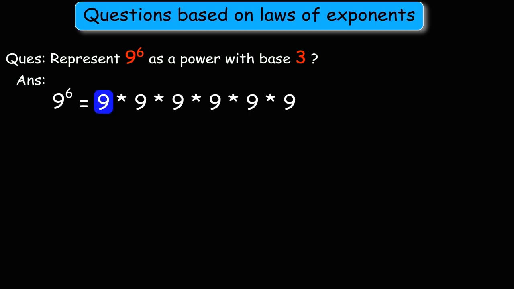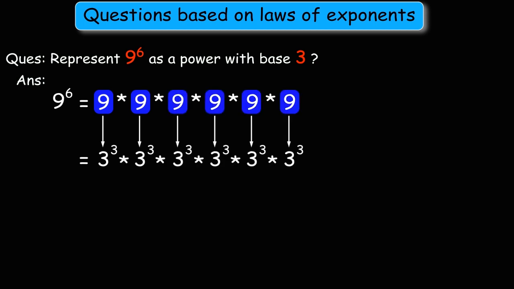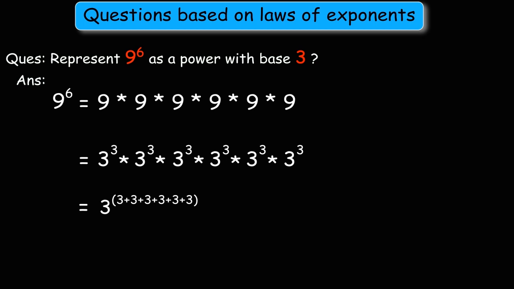And 9 means 3 multiplied by itself 3 times. So we have 3 to the power of 3 multiplied by itself 6 times. And we know when all the bases are the same, we just add the powers. So we get 3 to the power of 3 added 6 times, which is 3 to the power of 18.